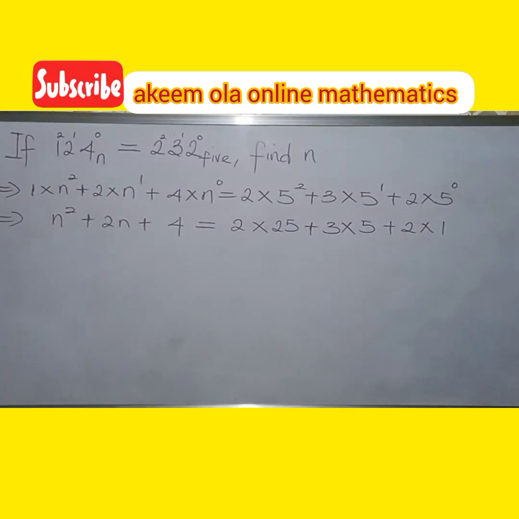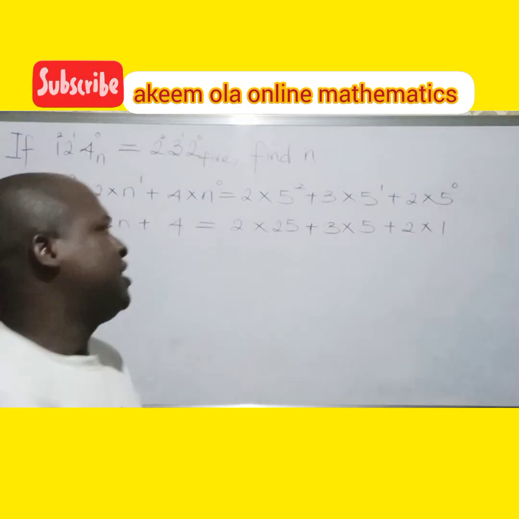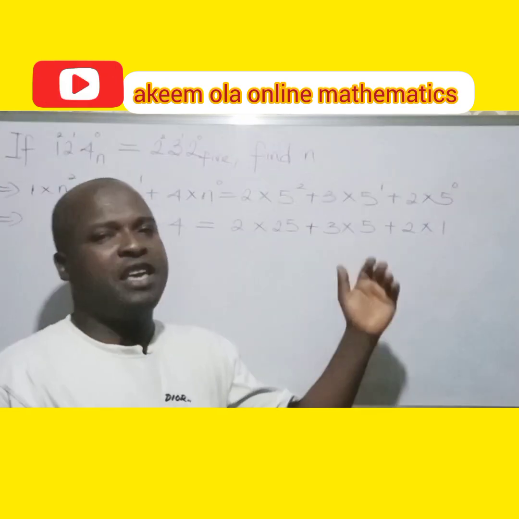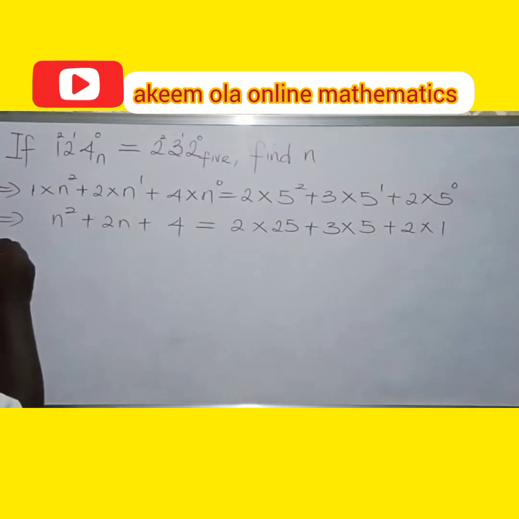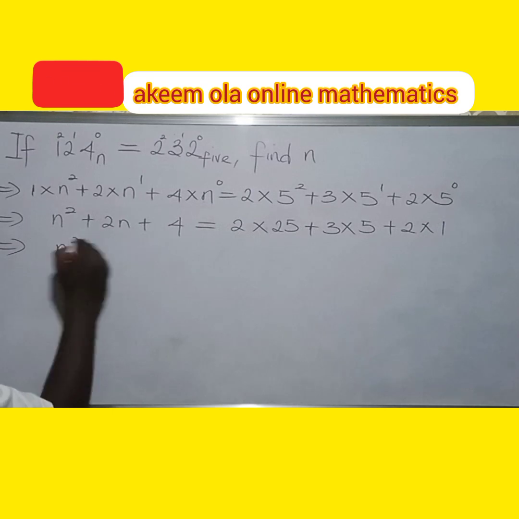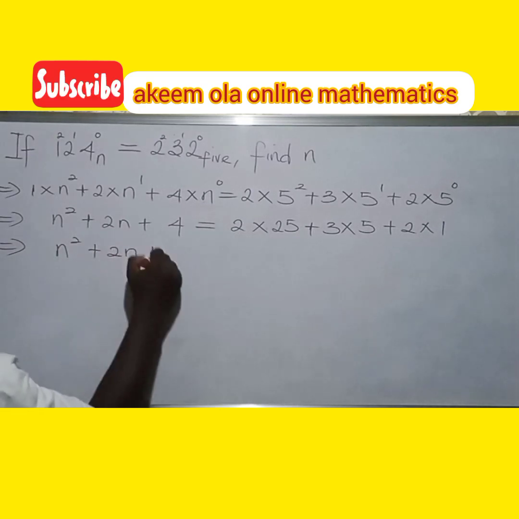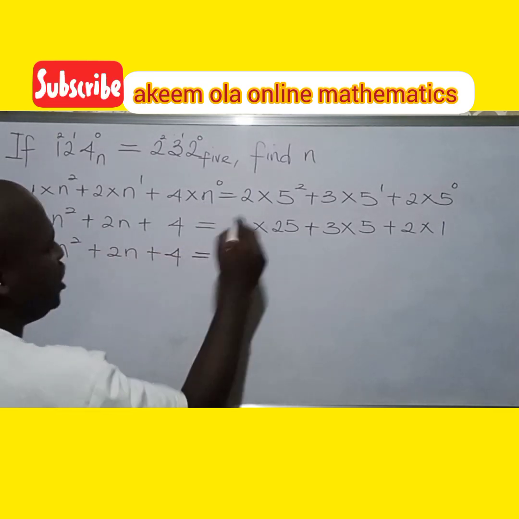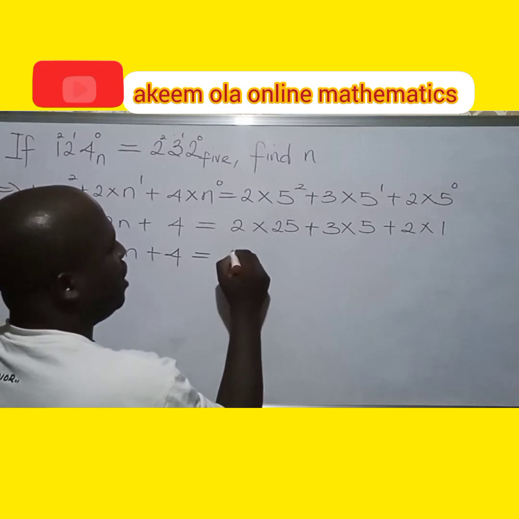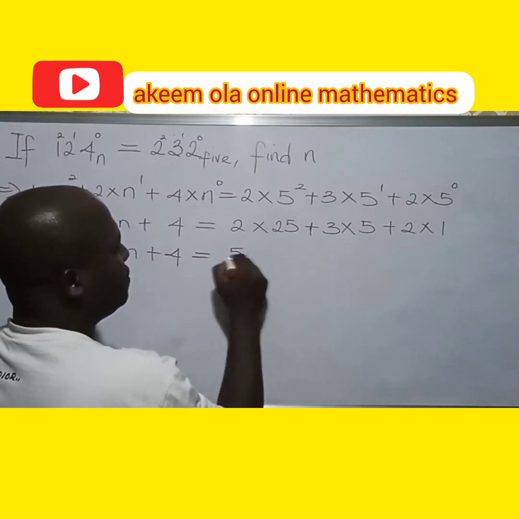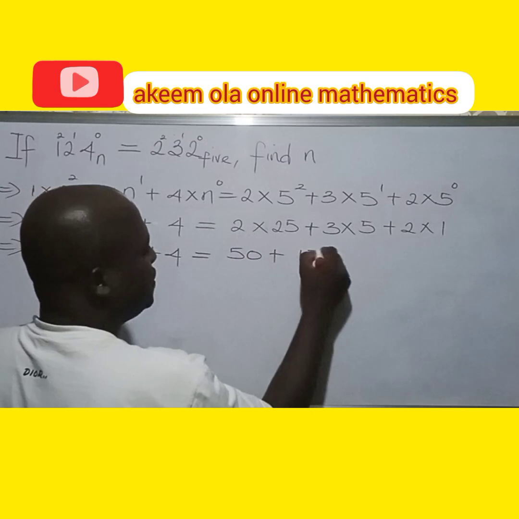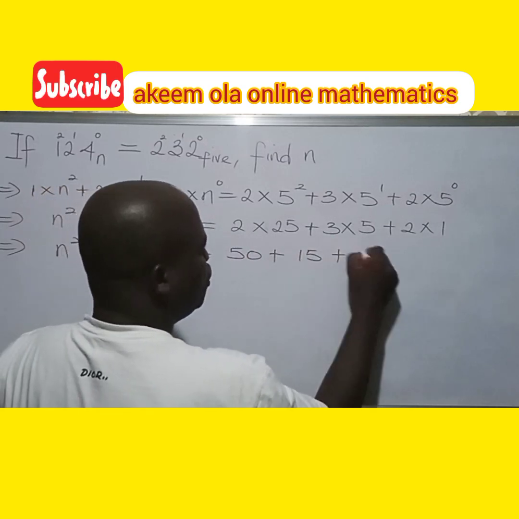As you can see, the right hand side of the equation will certainly give us a value. That means we are going to have n squared plus 2n plus 4 is now equal to 50 plus 15 plus 2.